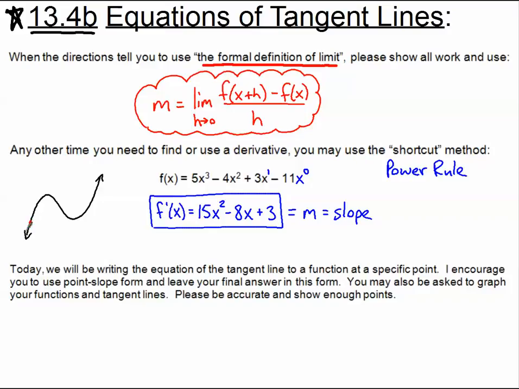On the points where the graph is increasing, we have increasing slopes. We have positive slopes, I should say. On the points where the graph is decreasing, because the tangent line would therefore be decreasing, we have negative slopes. And then, of course, when we flip back around to the increasing part, we're back to having positive slopes.